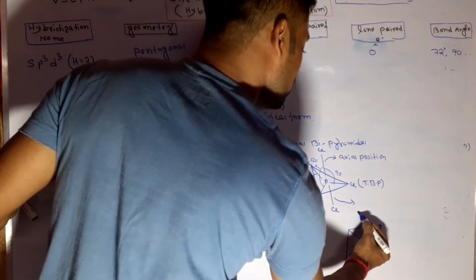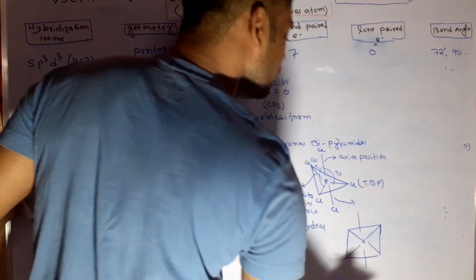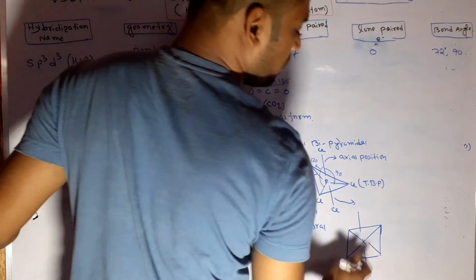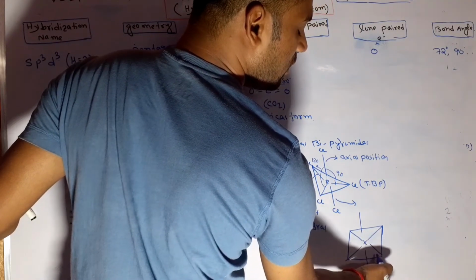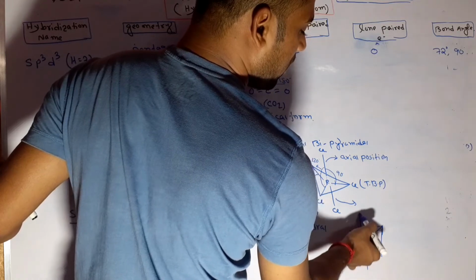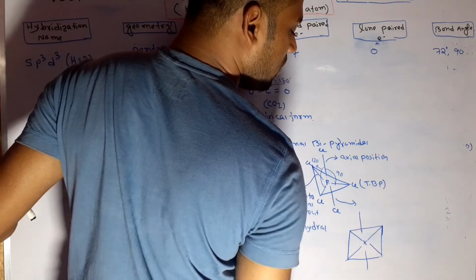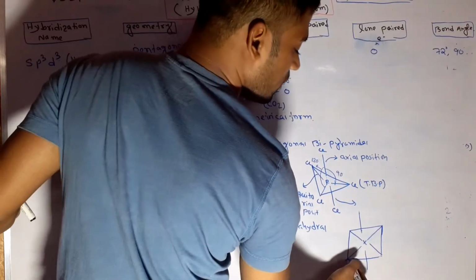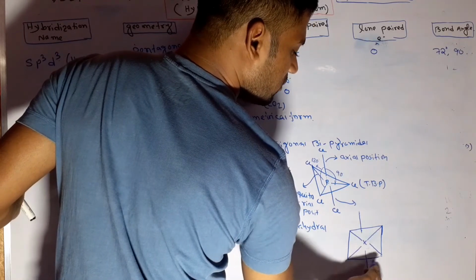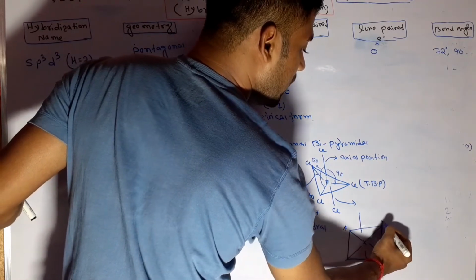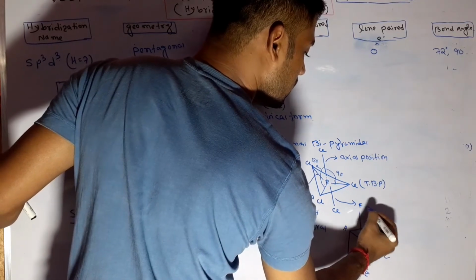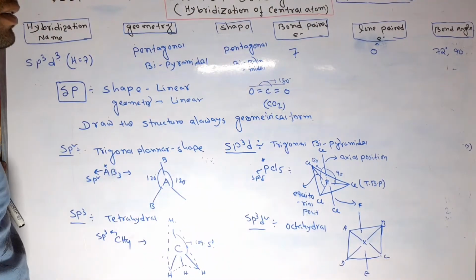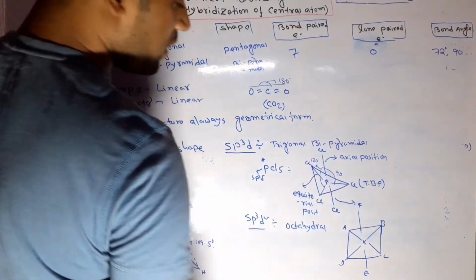The upper and lower positions are called axial positions, and the 4 positions at the corners are equatorial positions. For any species, suppose A, B, C, D, E, F, this is the structure of octahedral shape.